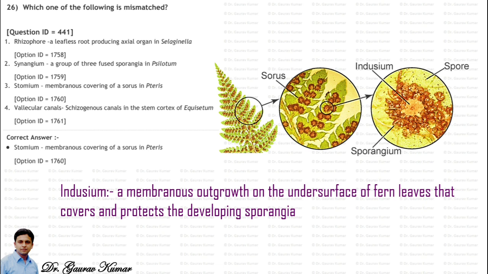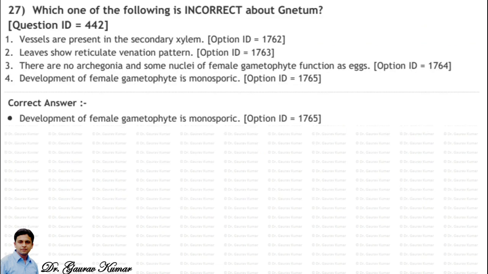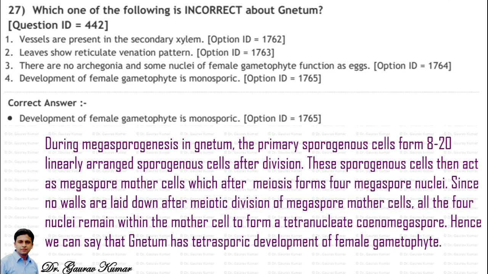So next question, which one of the following is incorrect about Gnetum? The answer is development of female gametophyte is monosporic, because during megasporogenesis in Gnetum, the primary sporogenous cells form 8 to 20 linearly arranged sporogenous cells after division. These sporogenous cells then act as megaspore mother cells, which after meiosis form 4 megaspore nuclei.